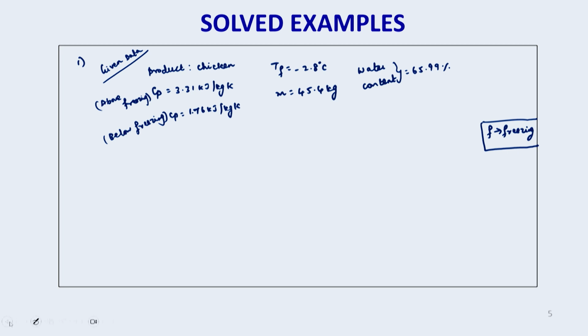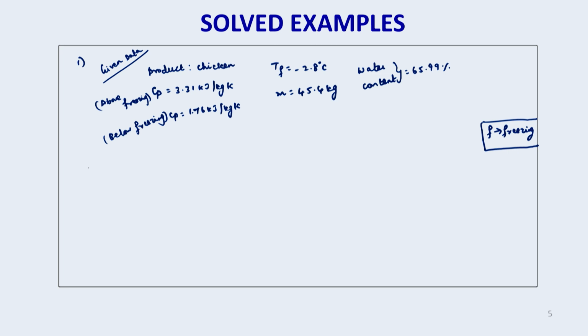So, here we need to find out Q1, Q2, Q3. Q4 will be equal to 0 because there is no respiration load for a dead product. After finding Q1, Q2, Q3, the summation of these three will give the product load.